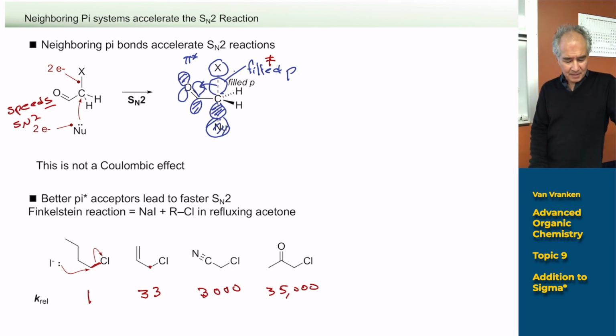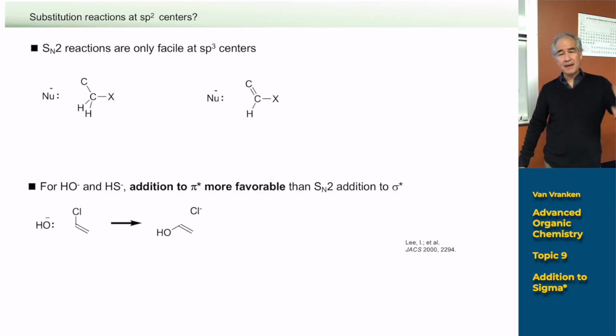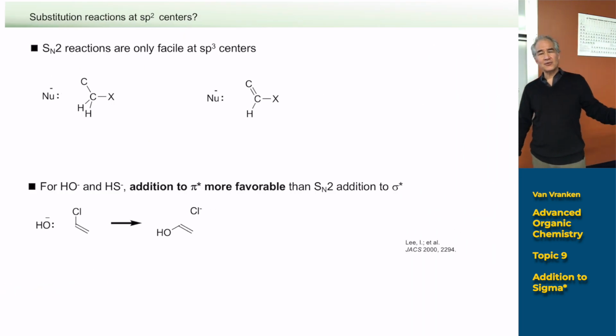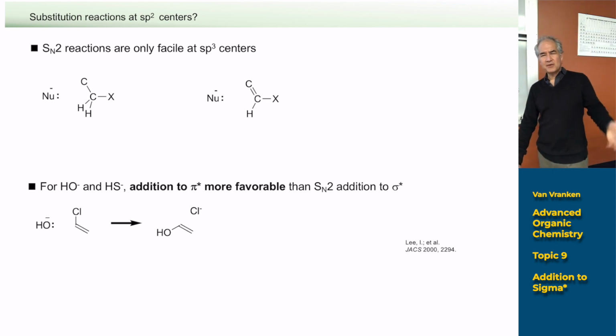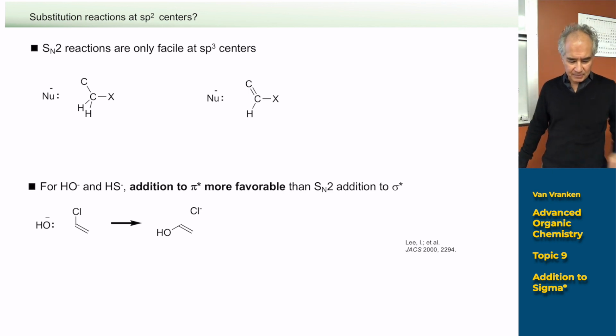But usually you do care about the functional groups that are attached at the centers where you're making bonds. Okay, so nearby pi centers, benzyl, allyl, next to ketones, you get faster rates of SN2 substitution reactions.